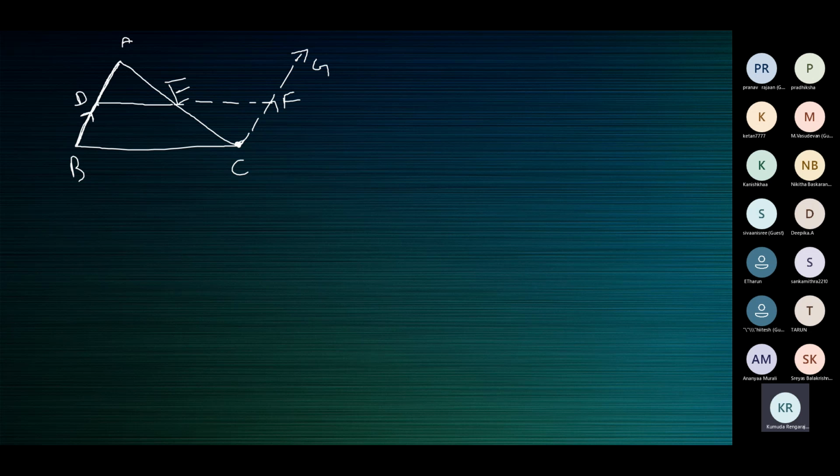And when you produce DE, it meets CG at F. This is the construction.